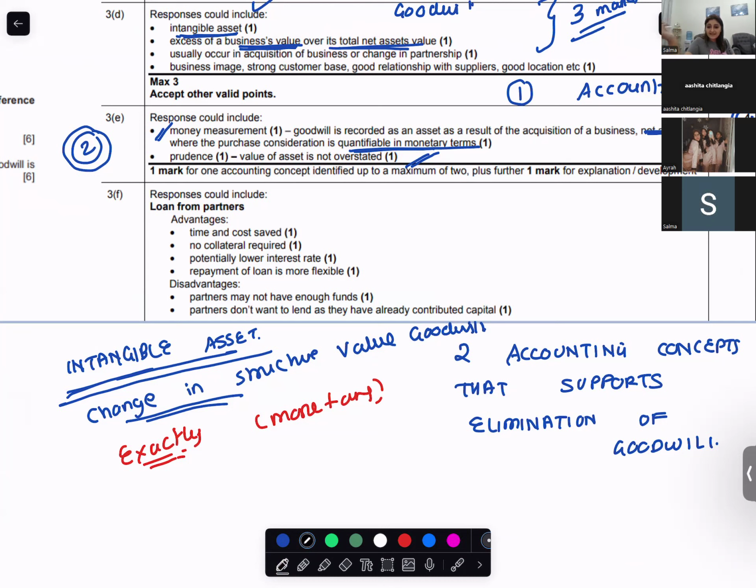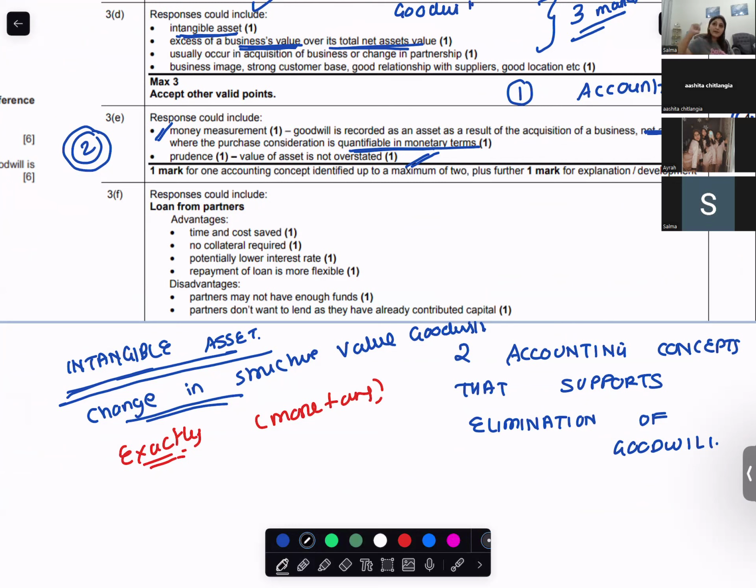Does goodwill have an exact quantified value? No, Ira, answer. You're on mute. Sorry, I was saying that it does not have an exact quantified value. That means I cannot measure it in terms of money.